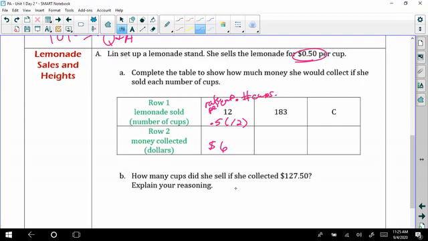And then how many cups did she sell if she collected $127.50? Explain your reasoning. So on this last one, I want you to go ahead and show your work on how you would collect that or get that value. But that's my ending value. Okay? So keep in mind my answer here, this equation, if you wrote this, would be 0.5 times the 12 equaled 6.